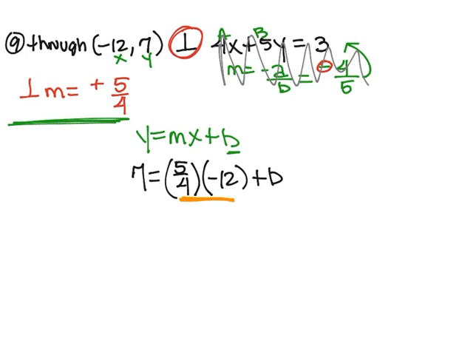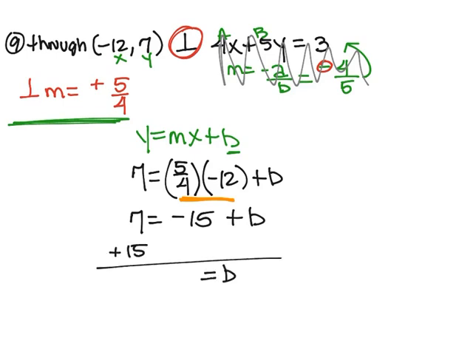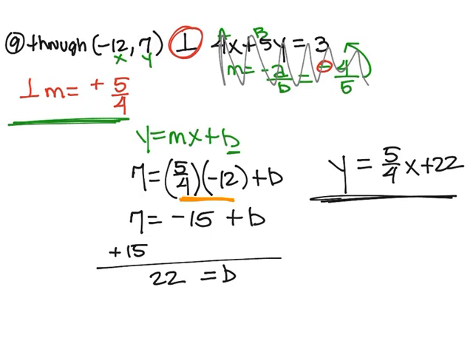You're going to say 5ABC4 times negative 12, and that should give you a negative 15. Get B by itself, we're going to add 15. So B equals 22. So our equation would be y equals 5 over 4x plus 22, okay?